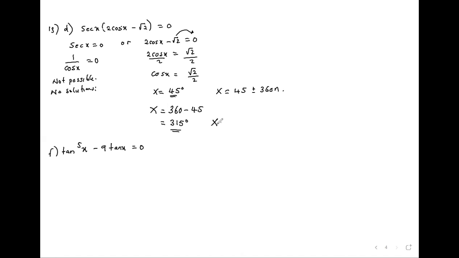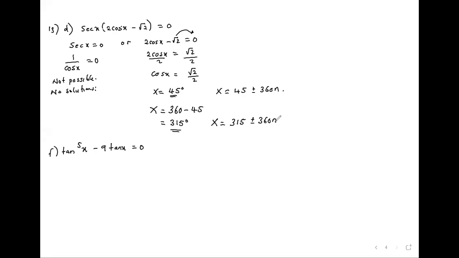So here you have 315 plus or minus 360n. All these will be solutions to this, because they are coterminal and coterminal angles have got the same behavior, same properties.